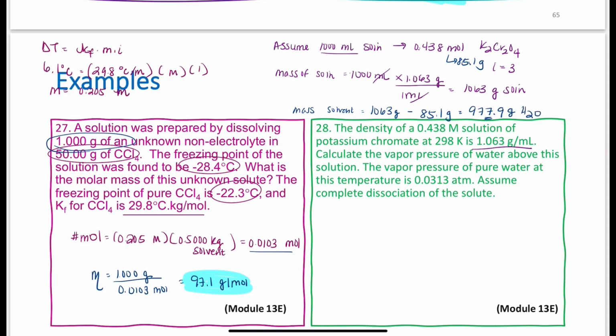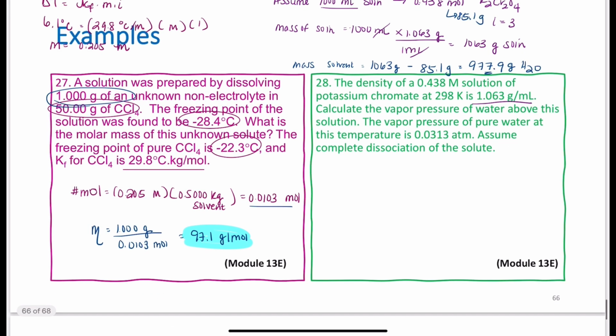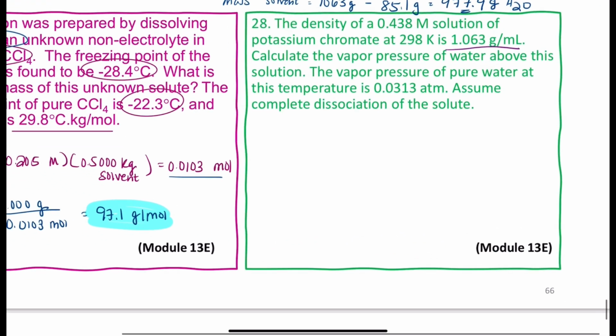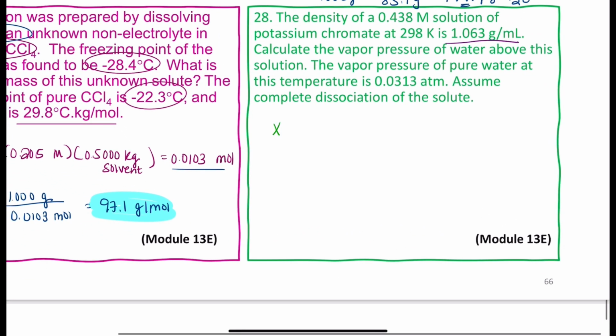I'm also going to figure out the moles of that. Converting that to moles gives me 54.3 moles of water. Why do I care? I need my mole fraction because I'm doing vapor pressure.